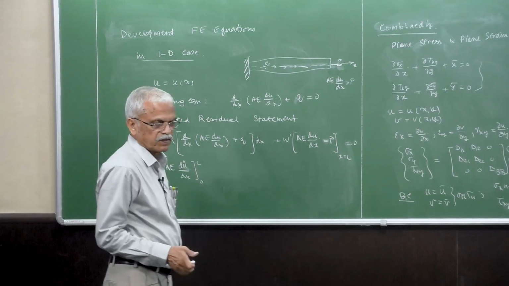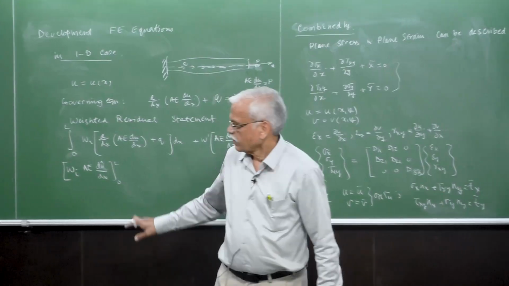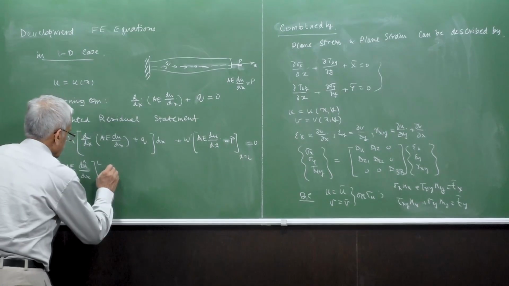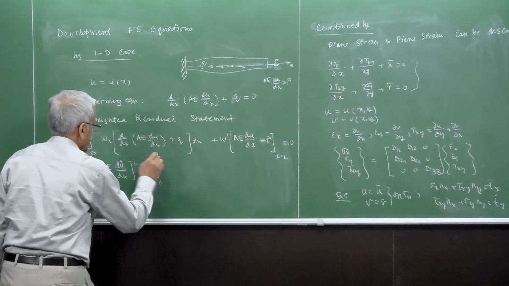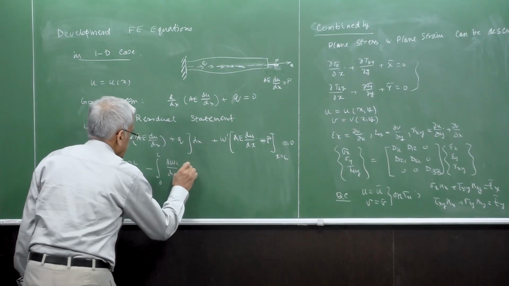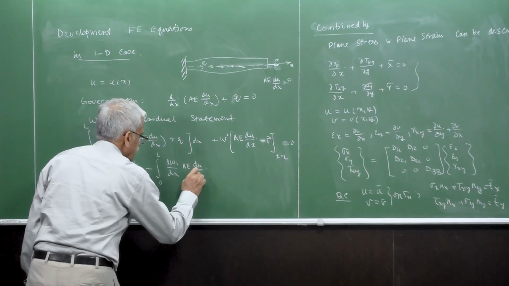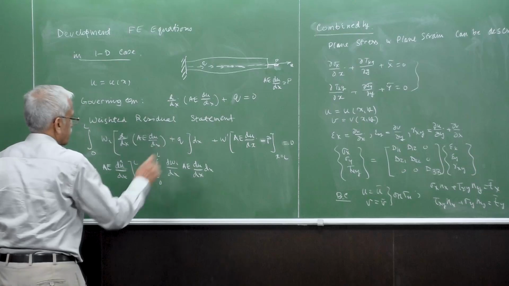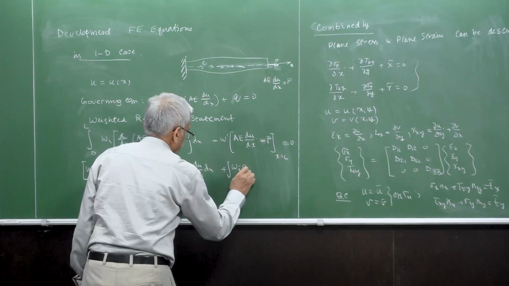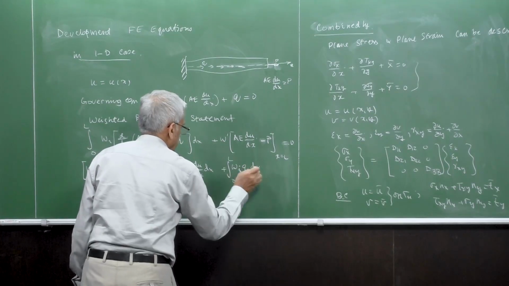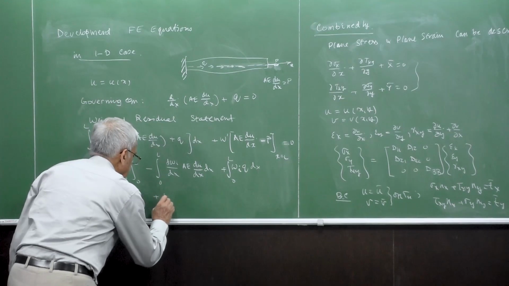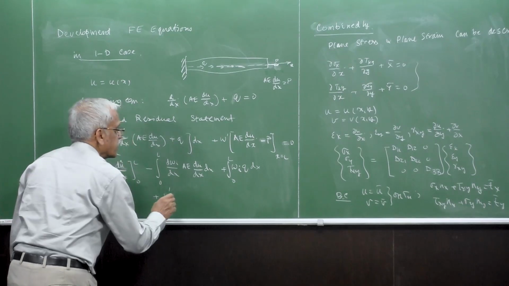In fact, we have gone through deriving the weak form a number of times, so I'll just go through it quickly. I'll separate out dW by dx, AE du by dx. This is the distributed force component, and Wi prime is another weighting function.